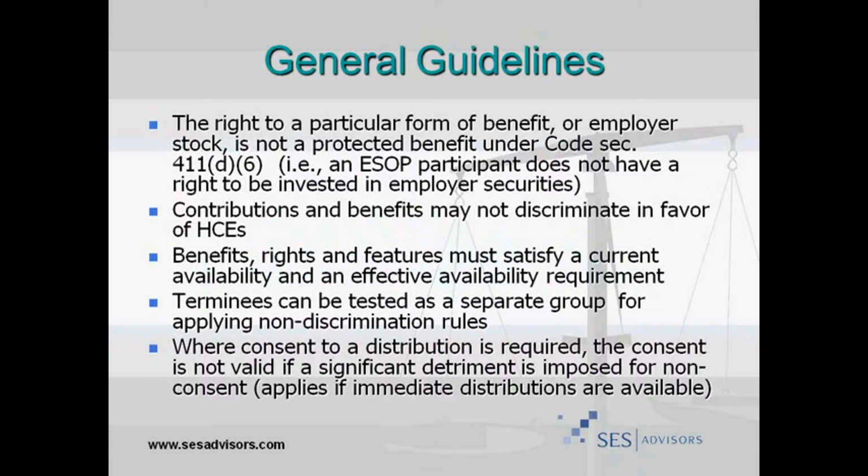And so part of the guidelines came out, and the preface to the whole thing was that the right to a particular form of benefit, for example, employer stock, is not a protected benefit under the code. And so that was an important thing for them to come out and say before they came out with these guidelines about reshuffling and rebalancing.